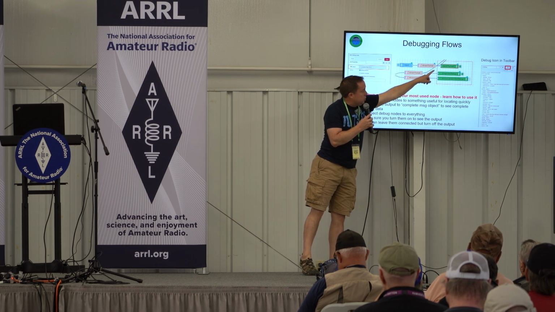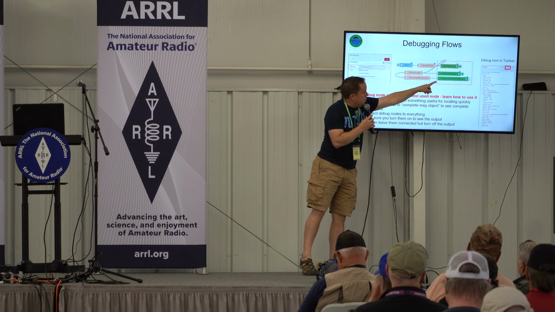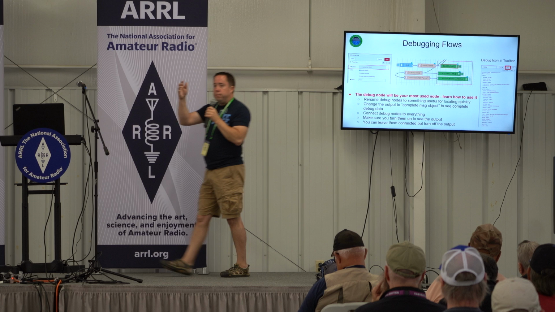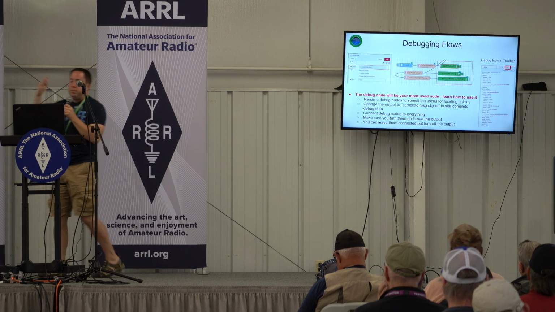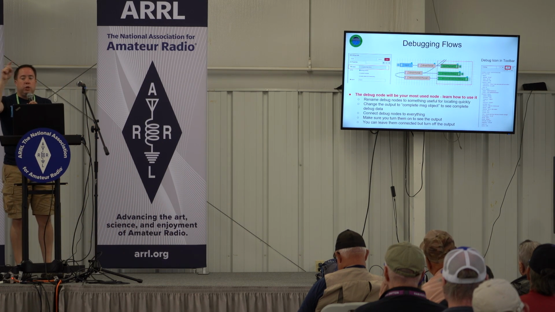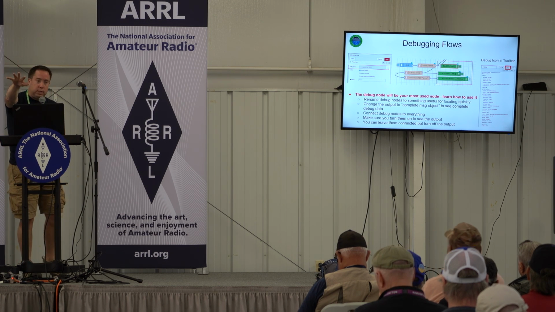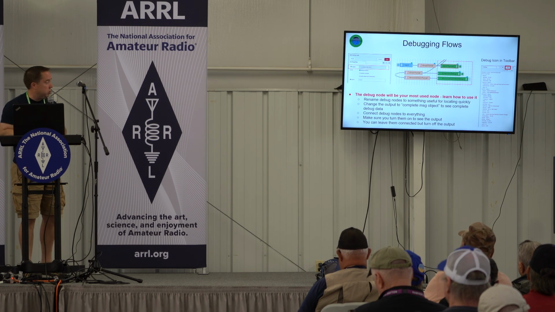Those are debug nodes: spot payload, email out debug, announcement out debug. You can rename them so they mean something meaningful, and you can turn them on and off based on what you want to debug. And then the information is going to go into that debug sidebar that I showed you on the previous slide.